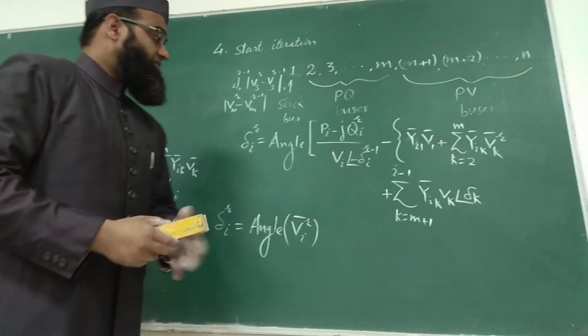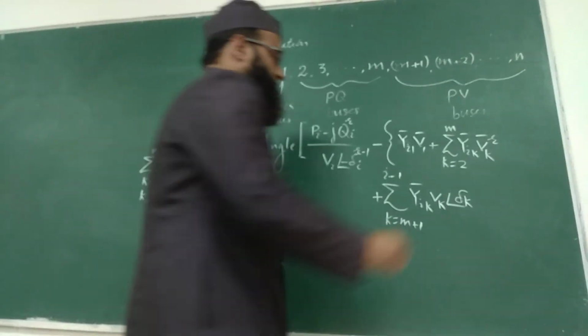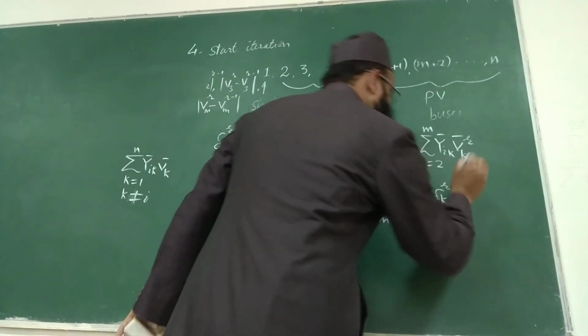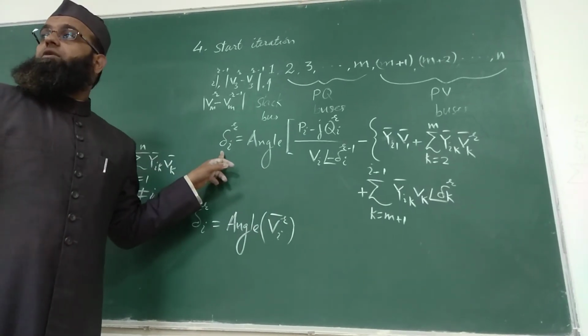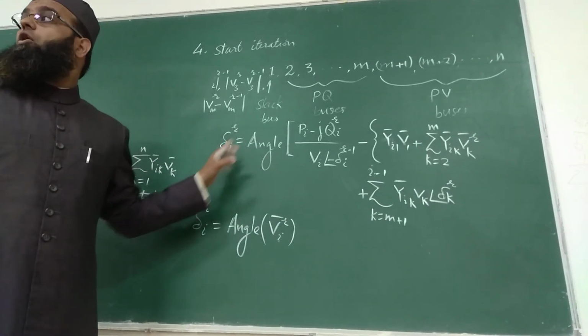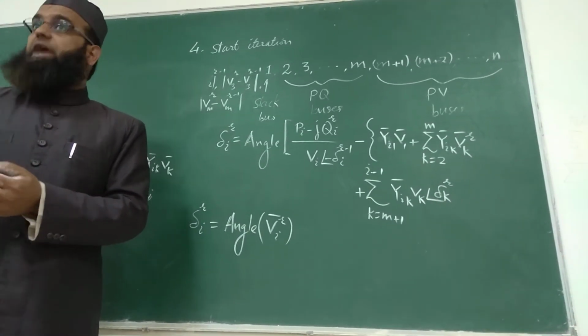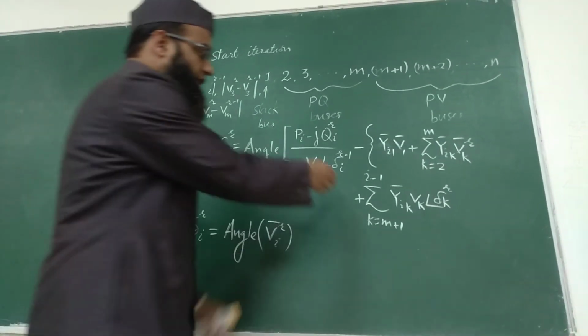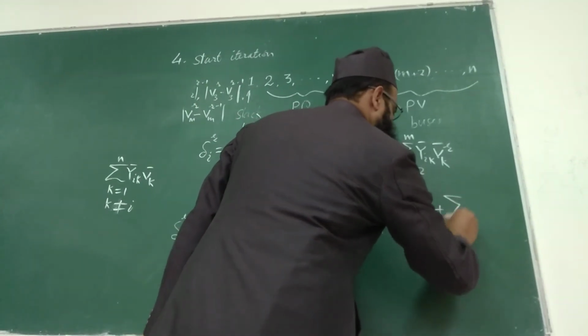R, because this delta is variable now, right? Q and delta are variable. So delta R. Why R? Because you are evaluating for ith bus. So before that you have evaluated all these variables for the I minus 1th bus, I minus 2nd bus, like that, right? So up to here you will write this plus the remaining.